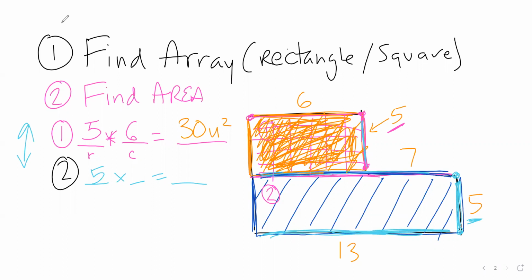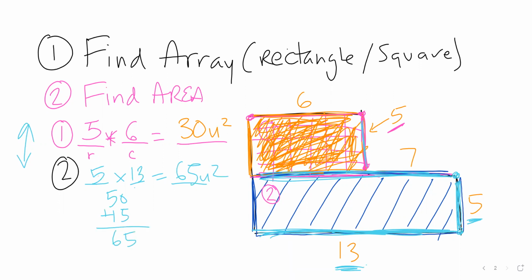It would be this distance up here, but it's messy up here. Look at all the stuff that's going on. So I'm going to look at this right here, which is my width. What it's saying is my columns, I have 13. So now I'm just going to multiply that. 5 times 10 is 50, and then 5 times 3 is 15. So that gets me 65 units squared.